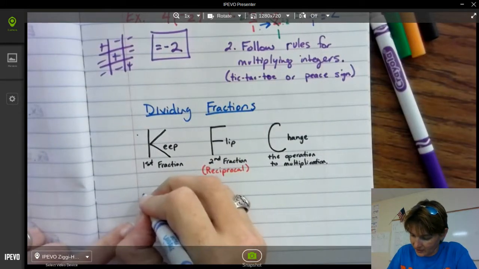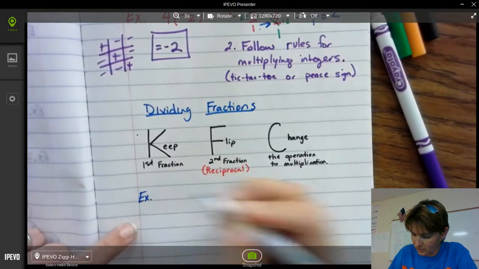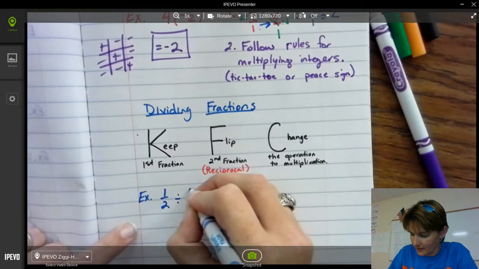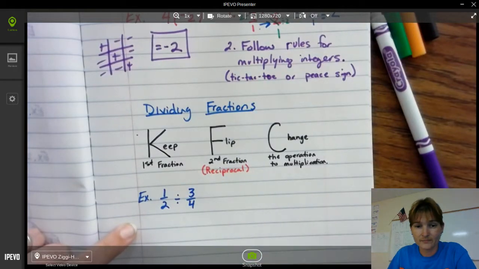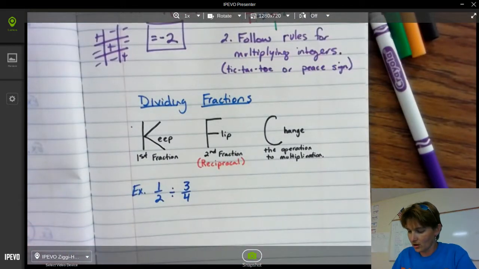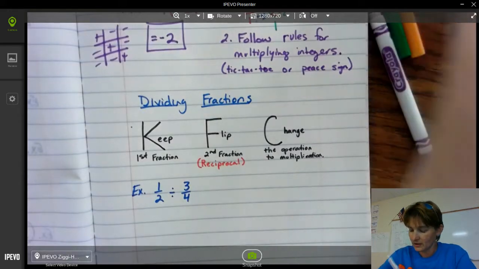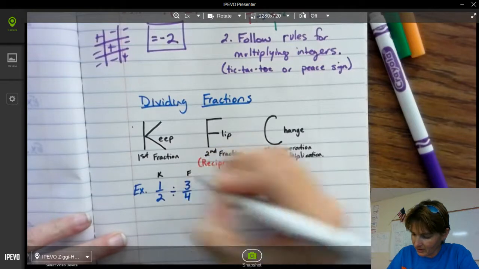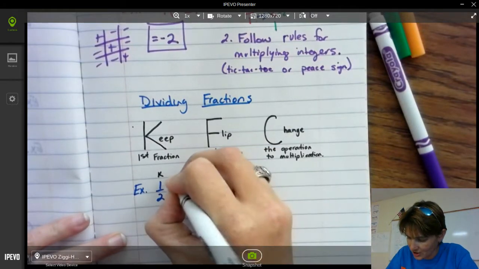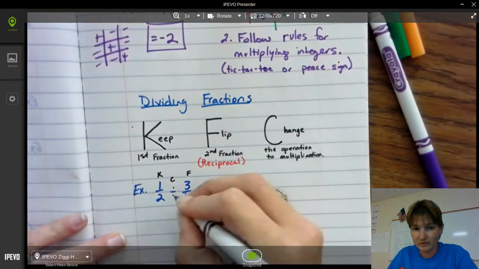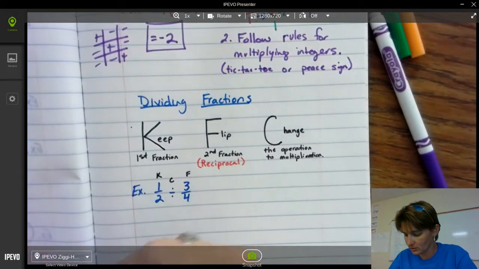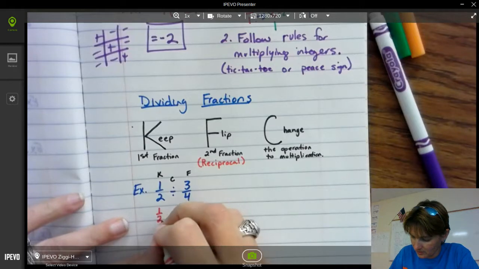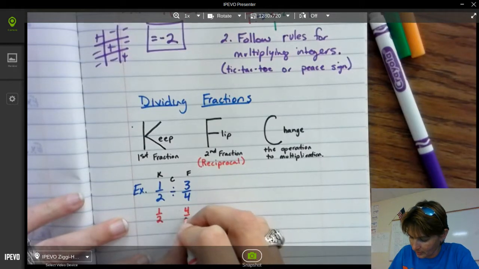If I have an example of, say, 1/2 divided by 3/4, we take our method of keeping the first fraction, flipping the second fraction, and changing the operation from division to multiplication. So we do keep, flip.